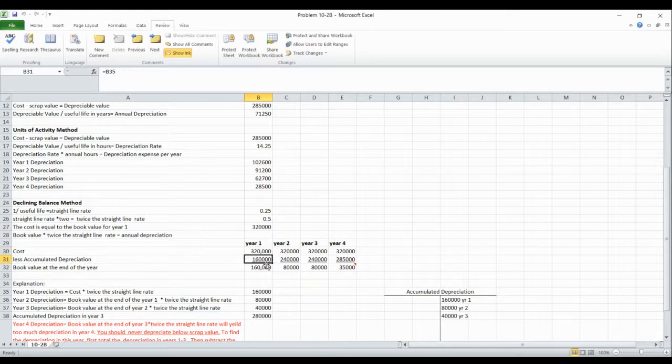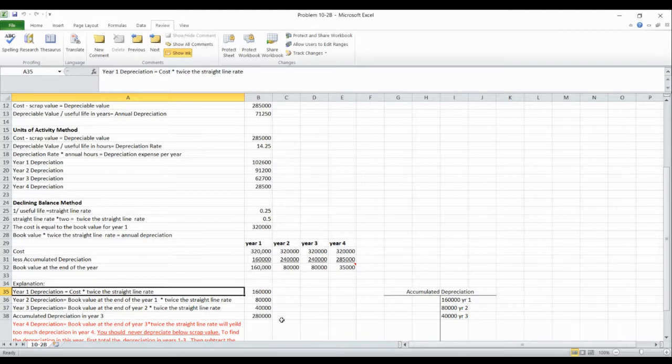What we need to learn how to do is calculate the depreciation in year one for this equipment. And so down here at the bottom, I've got an explanation of how we do that. Year one, remember that the book value is equal to the cost.